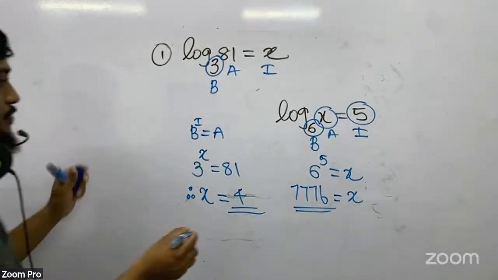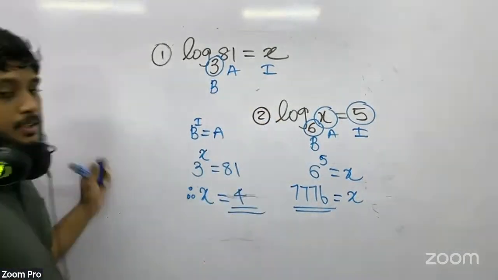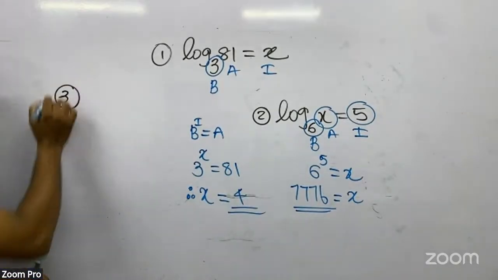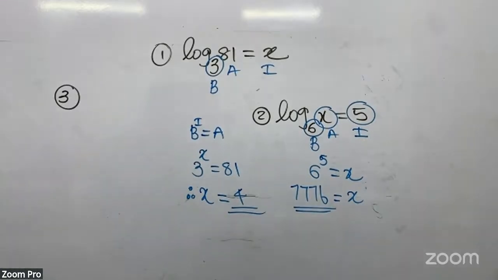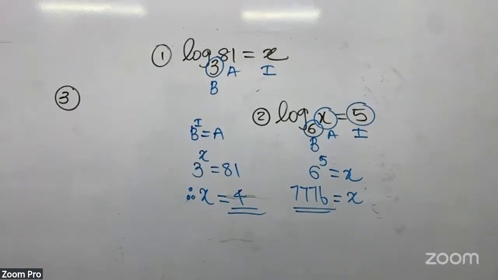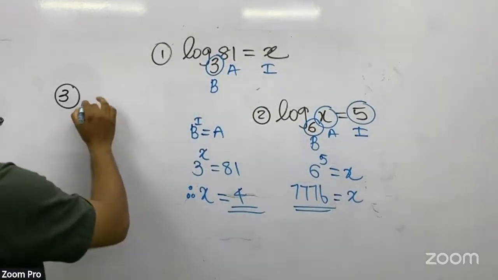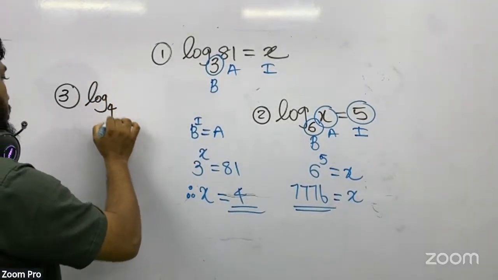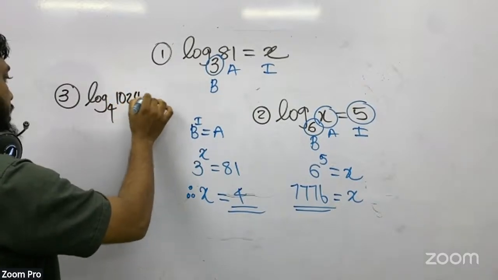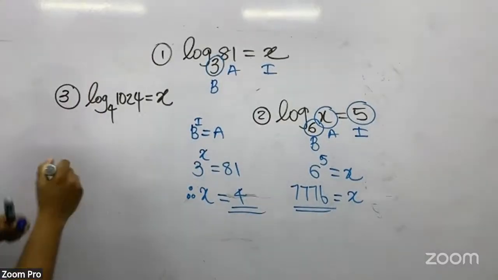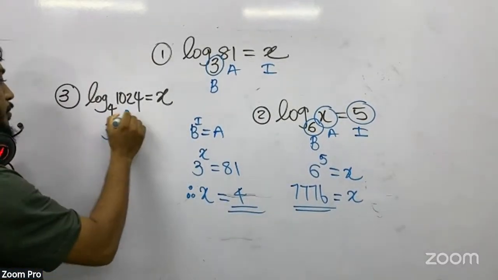Now we'll write the third one. The third one is log 4 of 1024 is equal to x. Then I can write log by.